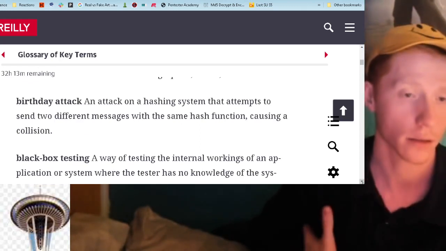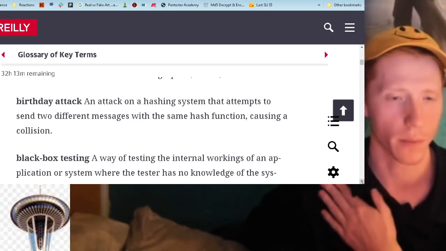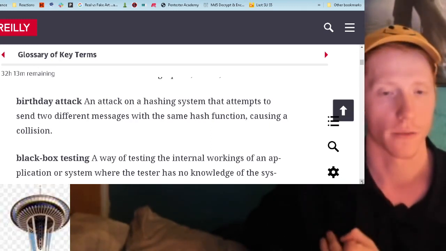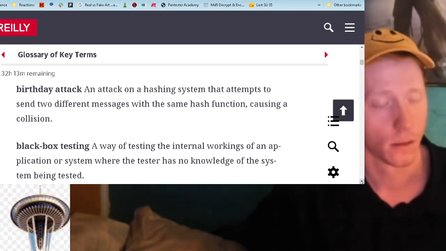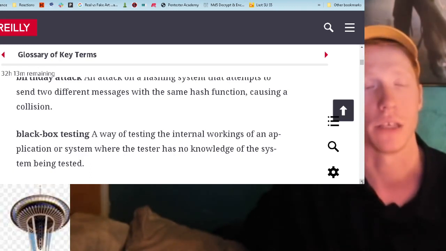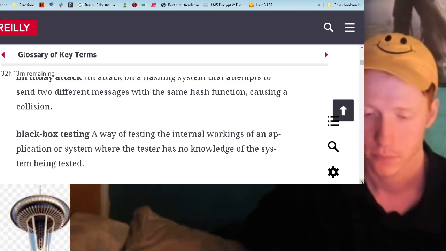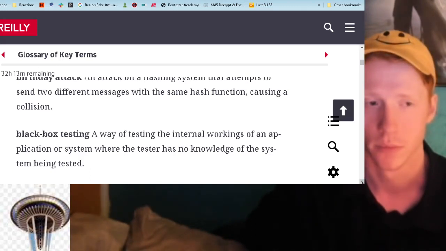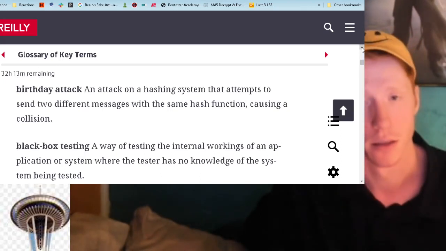A birthday attack is an attack on a hashing system that attempts to send two different messages with the same hash function, causing a collision. So a hash is sort of like encrypting. I can see how it's possible for there to be multiple inputs that result in that output.